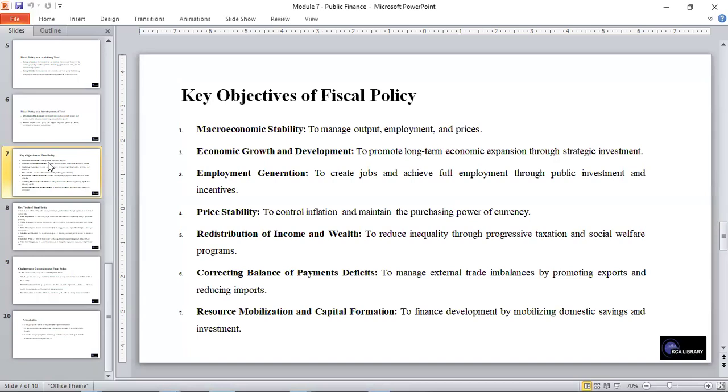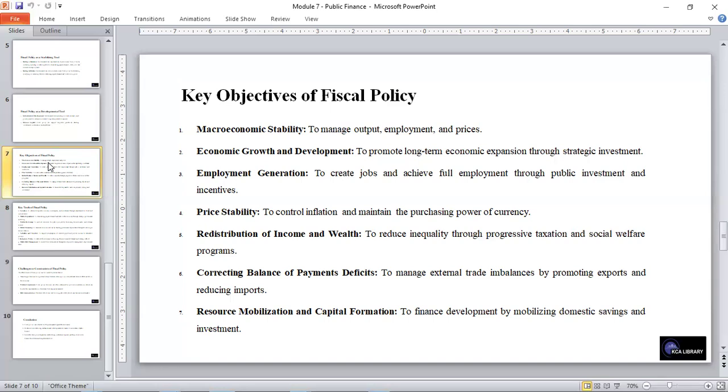And as per economic growth and development, fiscal policy promotes long-term economic expansion through strategic investment. As per employment generation, fiscal policy serves as a mechanism to create jobs and achieve full employment through public investment and incentives.